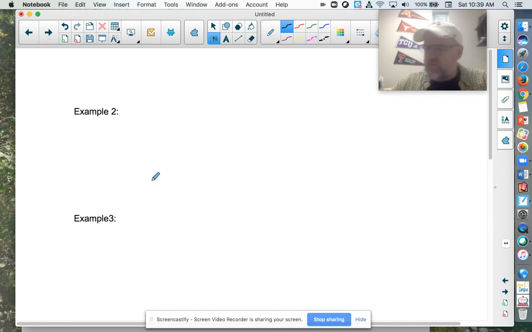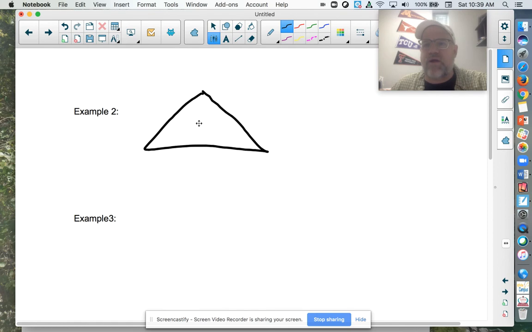Here in example 2. So I'm going to draw you another triangle. Again, notice that I don't care how I'm drawing. I'm just writing them up really quickly. I'll call this S, T, and U because it doesn't really matter. I will give angle S is 40 degrees. Angle U is 49 degrees.